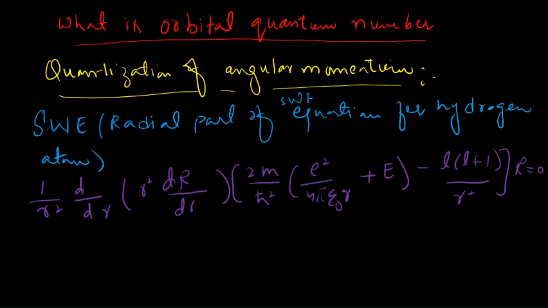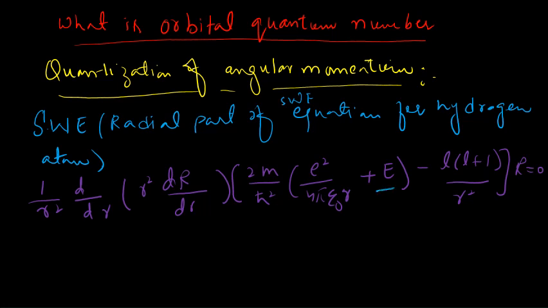Here you can see that this part totally depends on r, so that's why this is the radial part of the equation. This explains the radial aspects of electron motion, that is the motion towards or away from the nucleus.